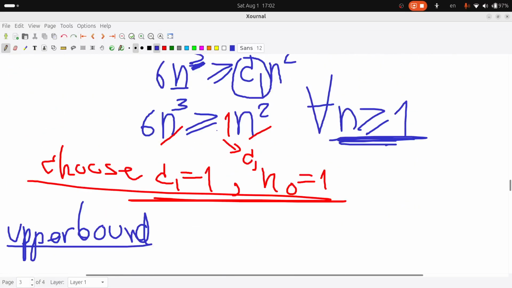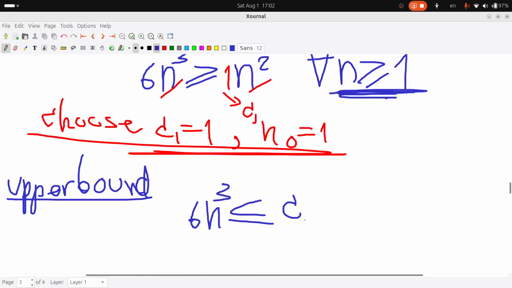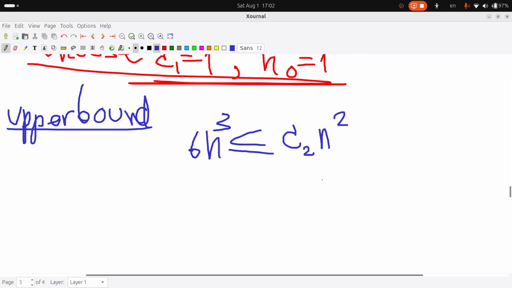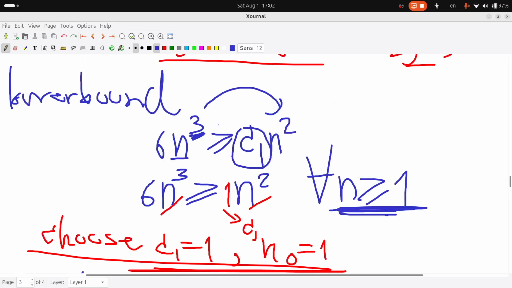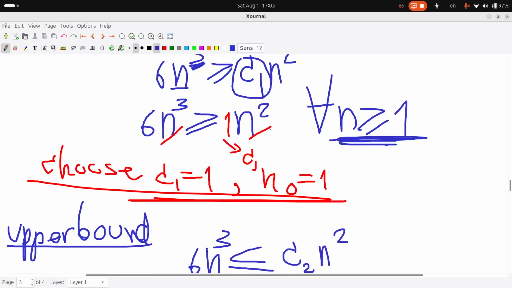For the upper bound, we write the f(n) function, that is 6n power of 3 is less than or equal to constant c2 n squared. So here is the problem. Like the previous one, we know that n power of 3 goes larger than n squared.